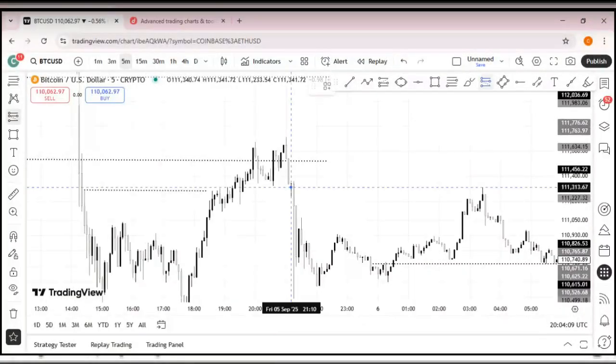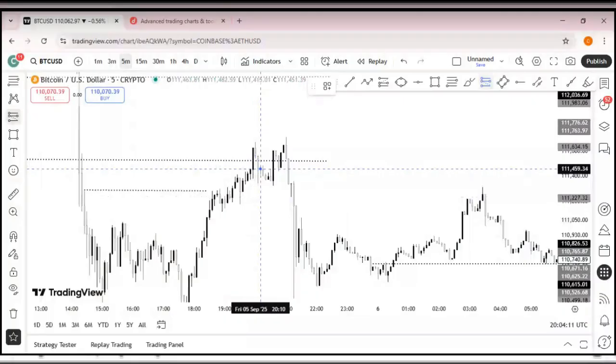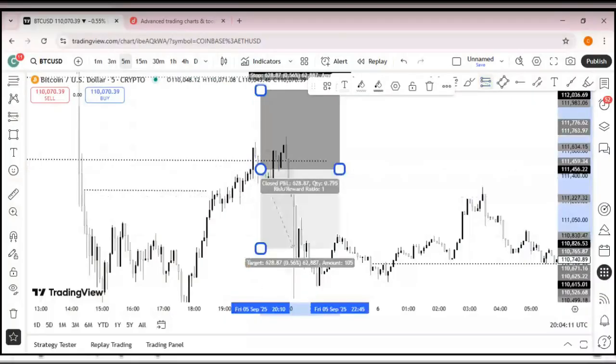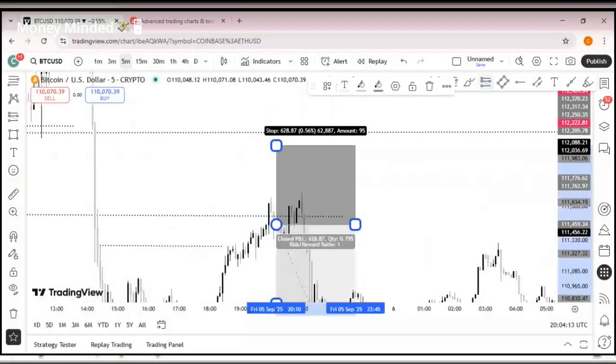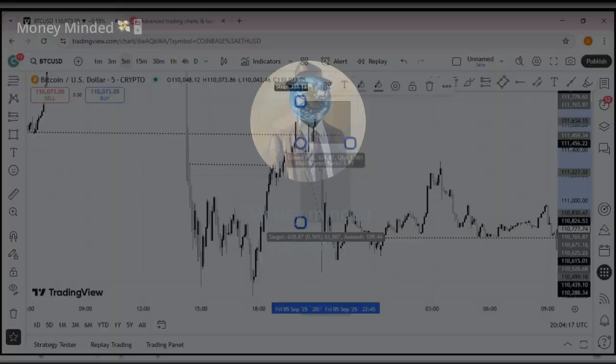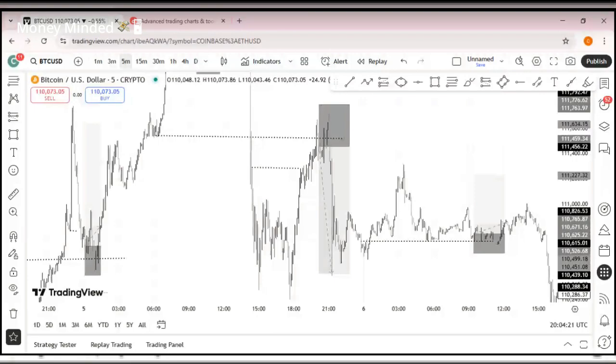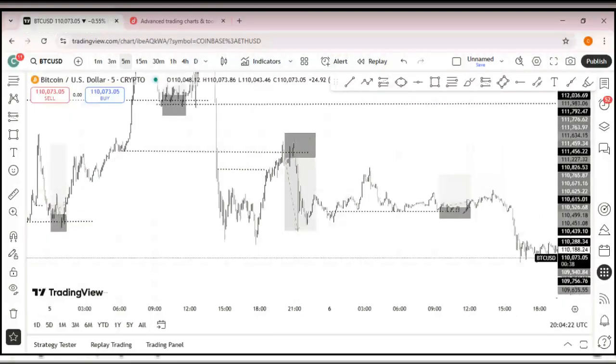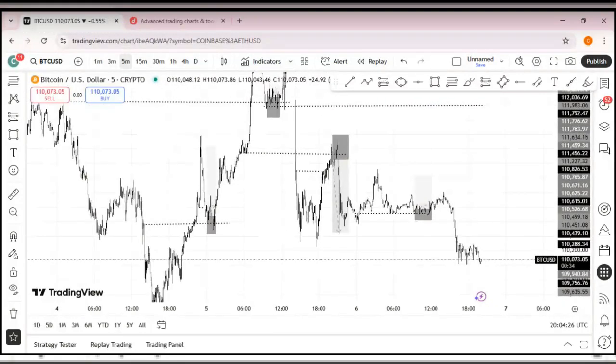Price tapped into it. This would have been our entry. Then you target 1:2, or you can target 1:4. If you have the patience, you are going to smash full TP. So that is how it is.